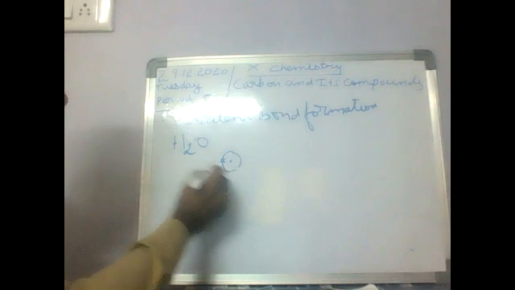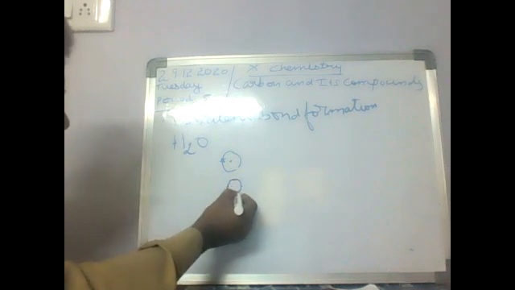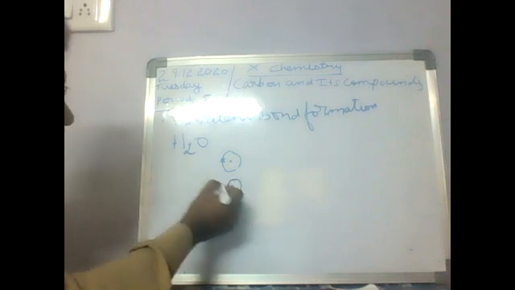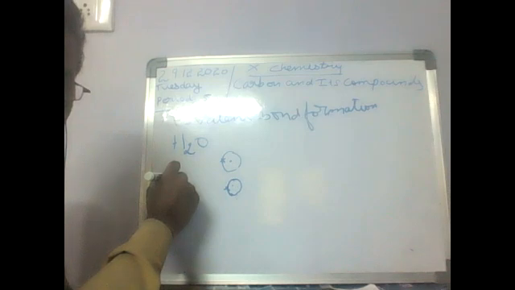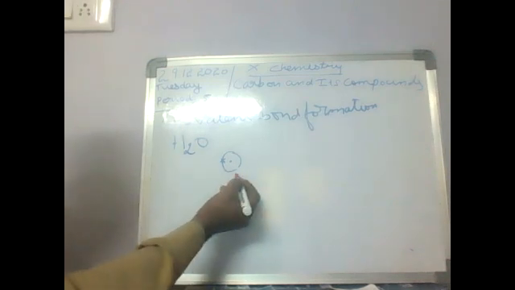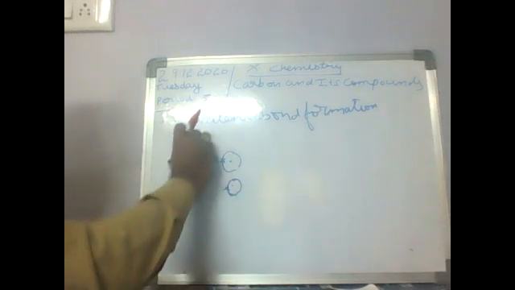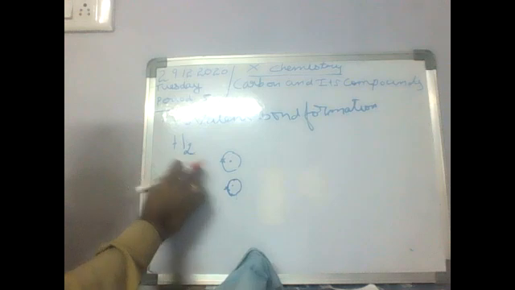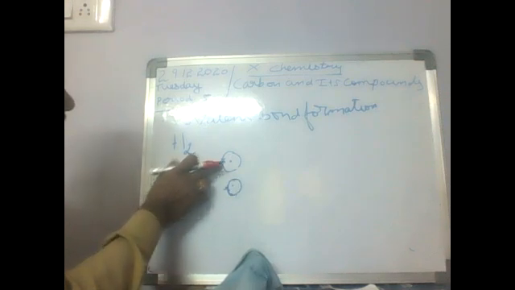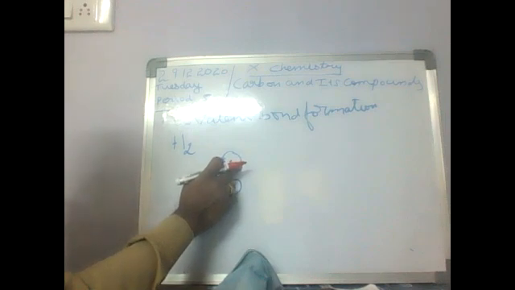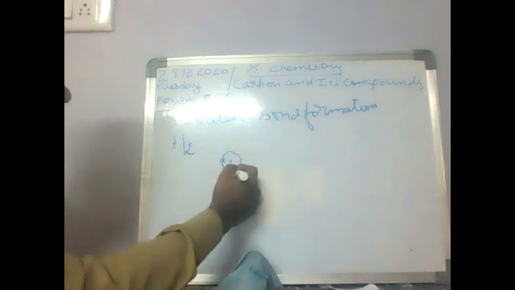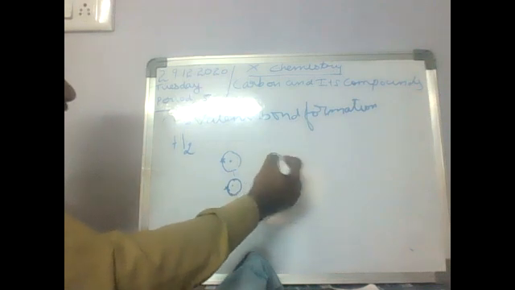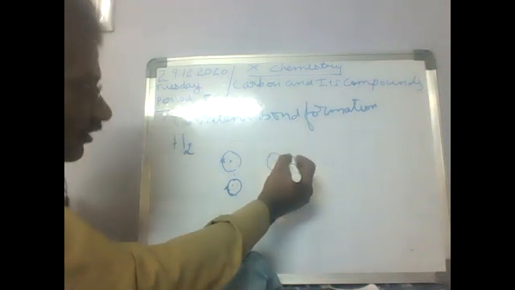Another hydrogen atom having a single electron will join with it. Taking hydrogen itself, H2, each atom wants one electron to complete the duplet. So both will join and share their electrons like this.